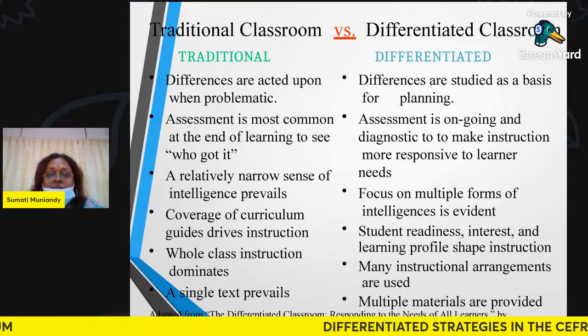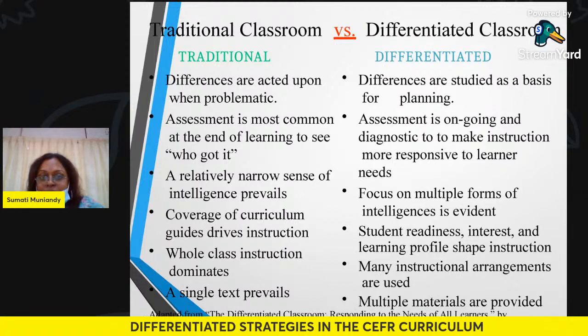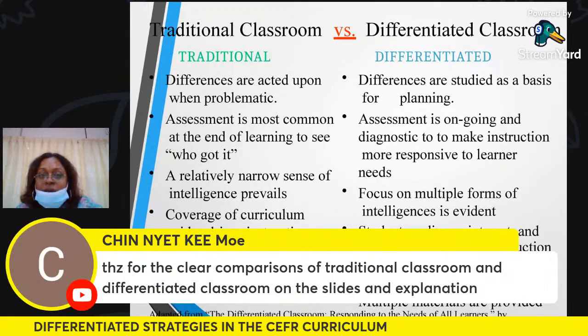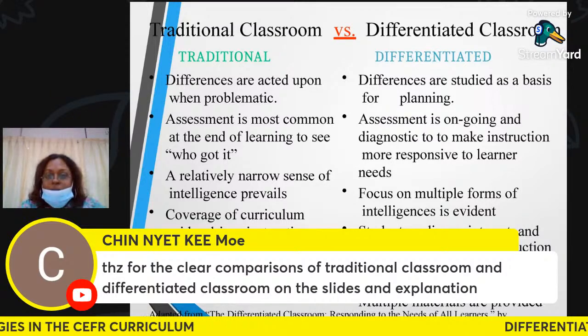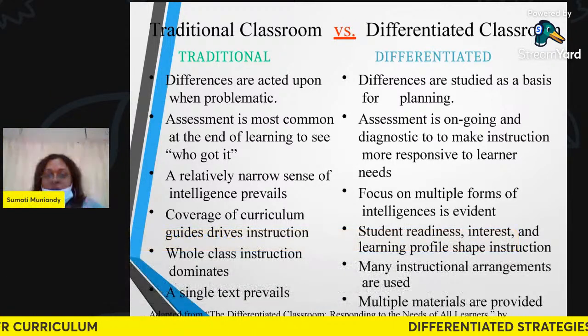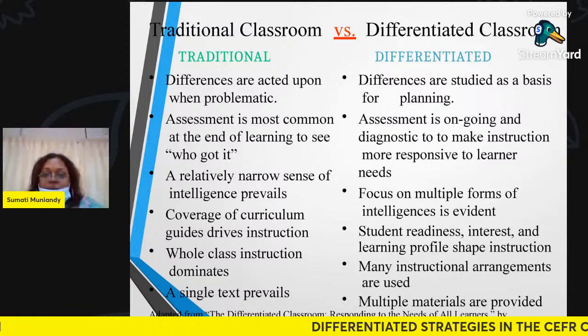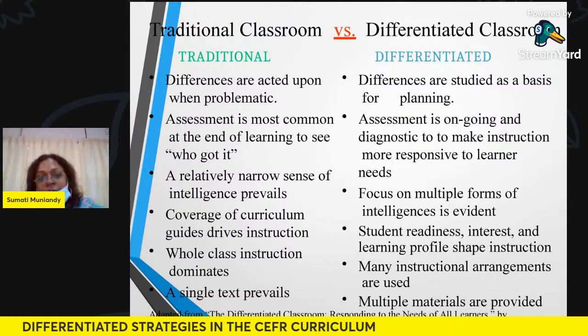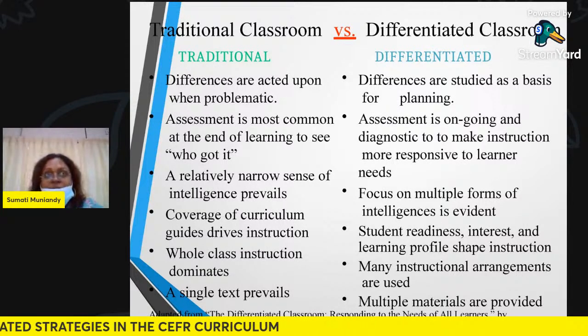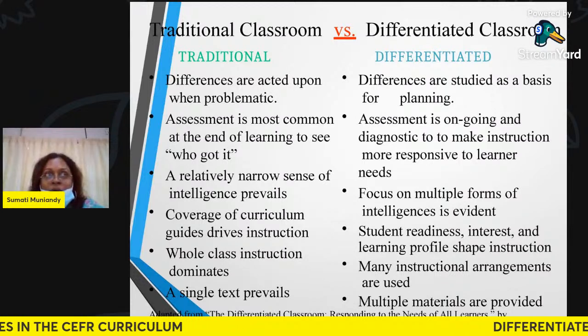Teacher explains in general, but here in differentiated classrooms, many instructional arrangements are used. That means you give them time, you give them the support, and you expect the outcome.